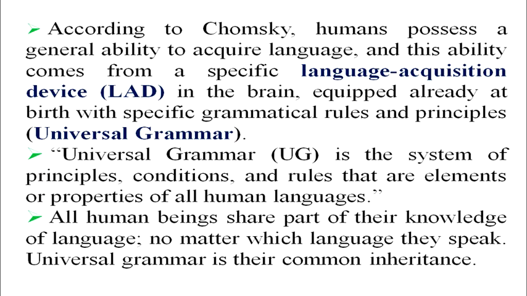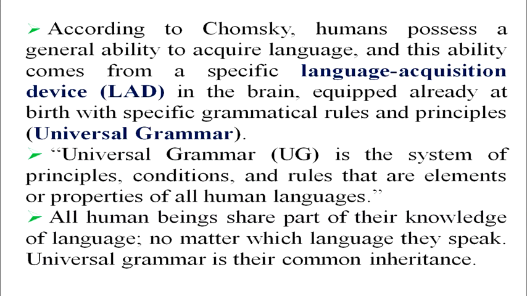There is a linguist called Noam Chomsky, and he was the one who specified that we, the humans, have a language acquisition device in the brain. That means every human being is equipped with a system called the language acquisition device. That means every human being has an inborn capacity to learn language, not a particular language.